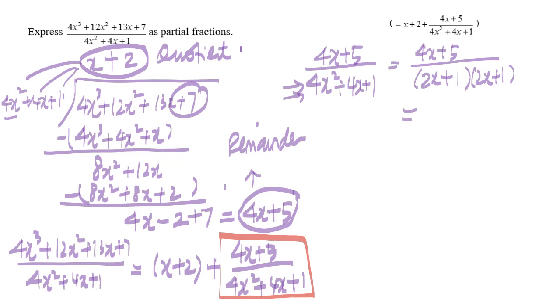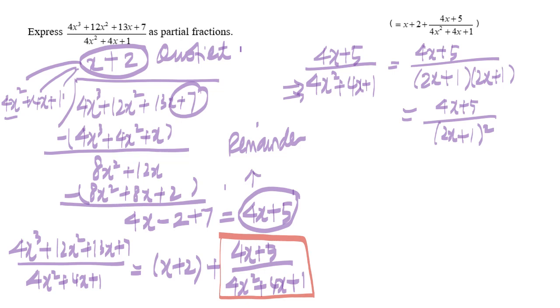So your 2x plus 1 with another 2x plus 1, what does it remind you of? It's actually a repeated linear factor. So how do we express algebraic fractions with a repeated linear factor?